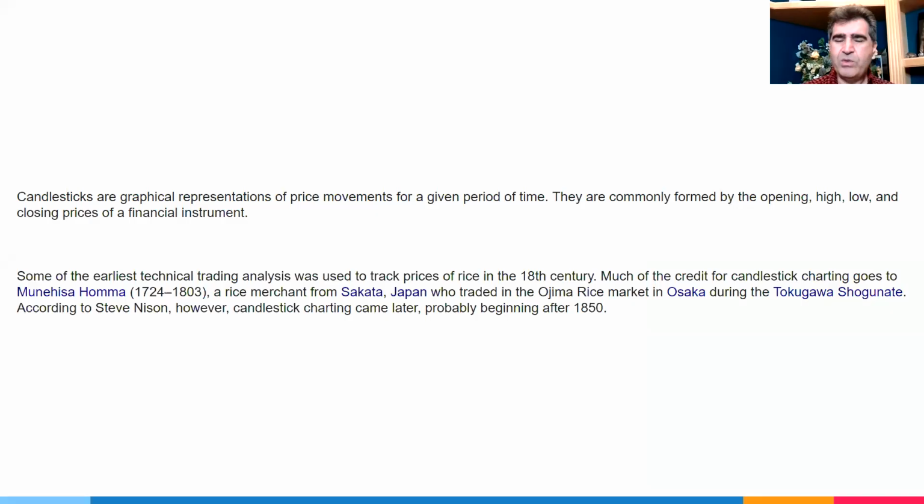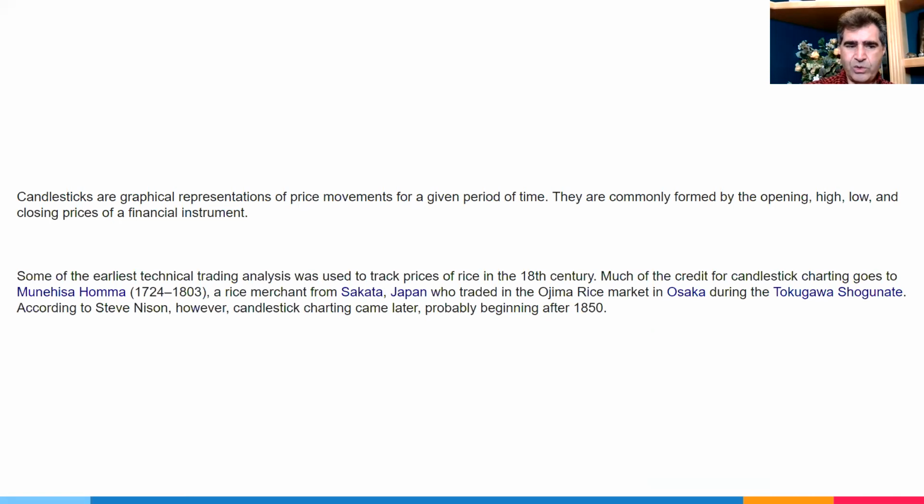Candlestick charting was used by rice traders, and it's a graphical movement of the price. They would use something similar to a candle, and it shows you the high of the price in the trading of the rice, the low, the opening, and the closing.